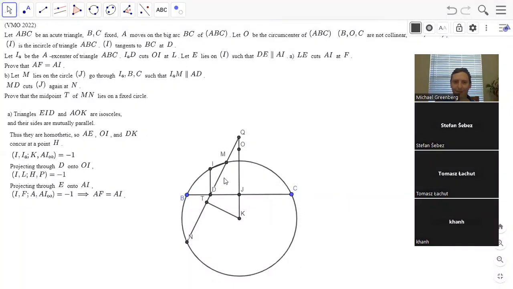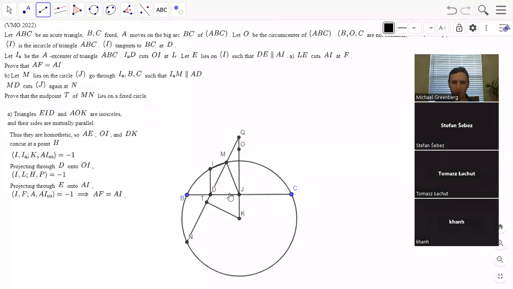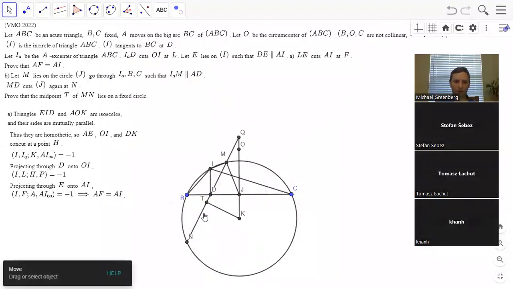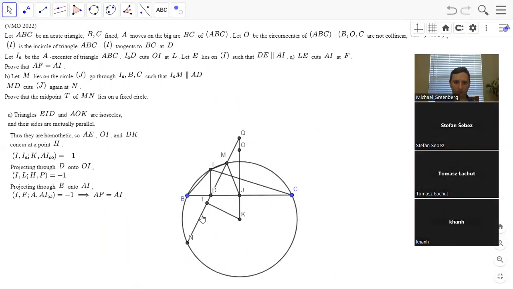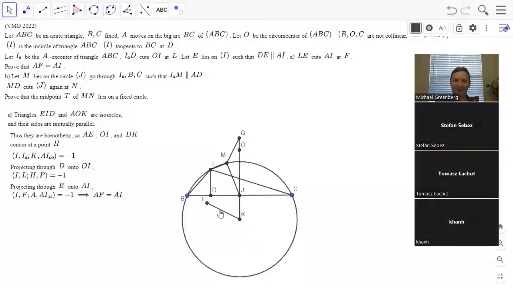So M is the Humpty point of IBC. And we want to show that DM passes through a fixed point on the perpendicular bisector of BC. We don't even really need N, right? I mean, yeah. This is funny.